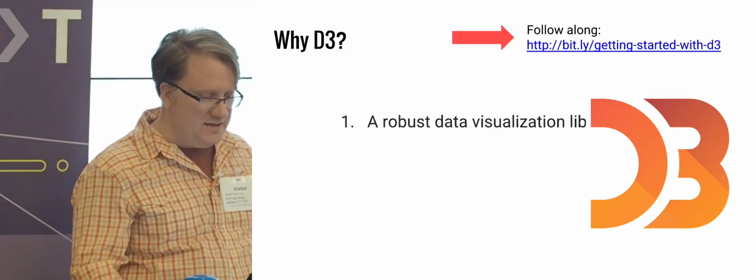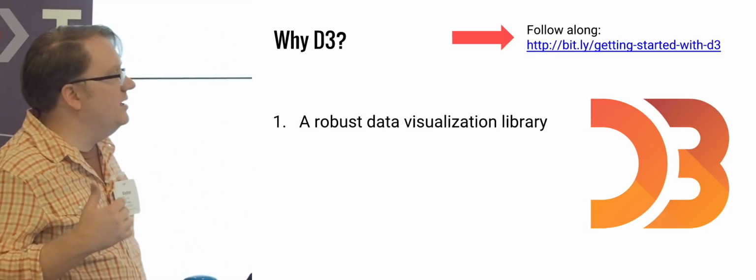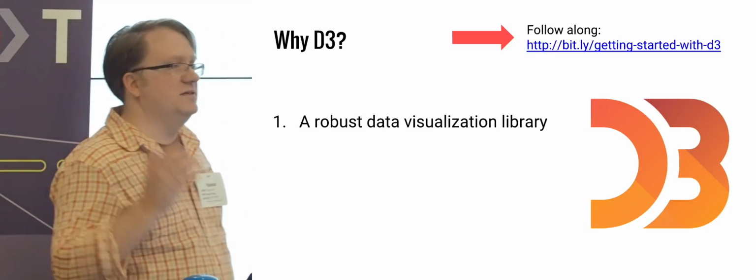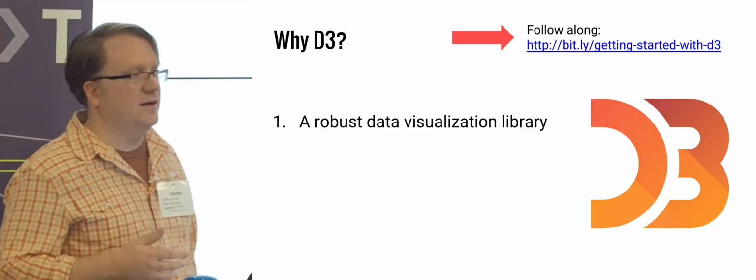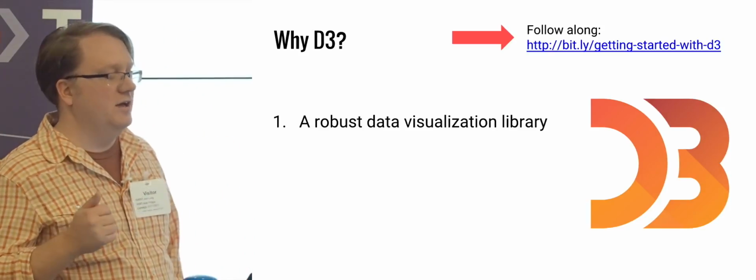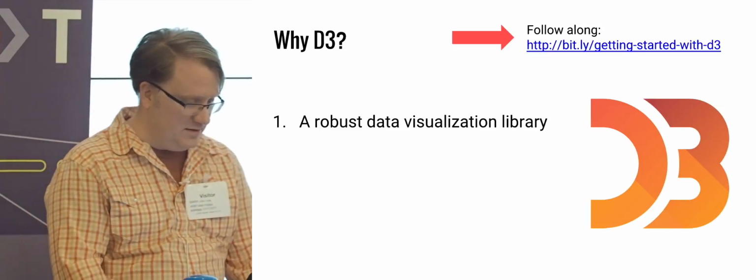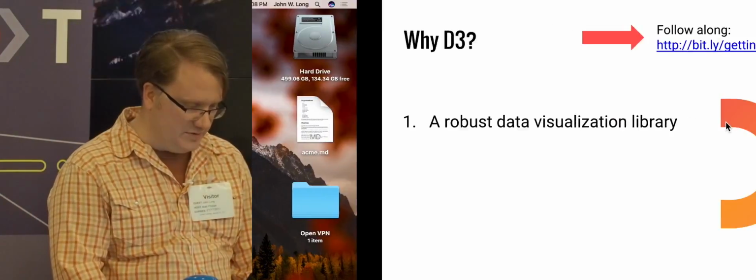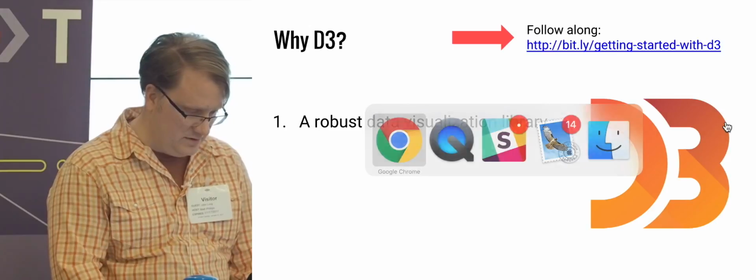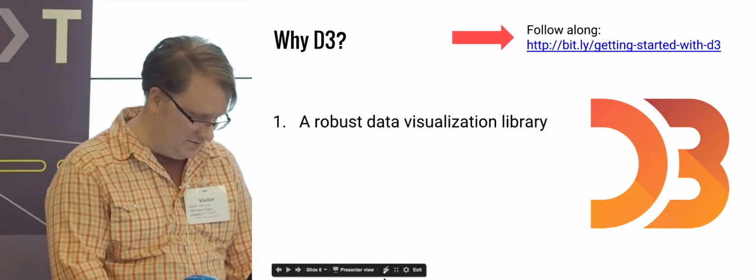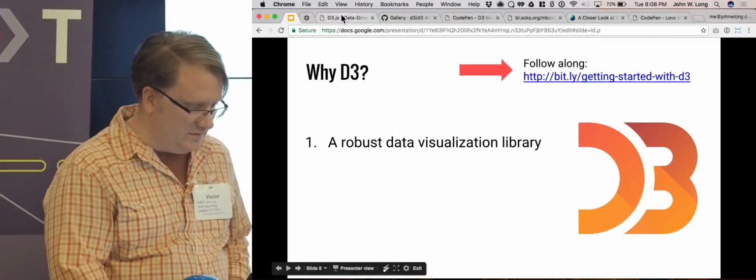So D3, why D3? D3 is a robust data visualization library. What do I mean by a robust data visualization library? Well, it can do charts. Let me show you some examples here. I got to get out of this for a second.